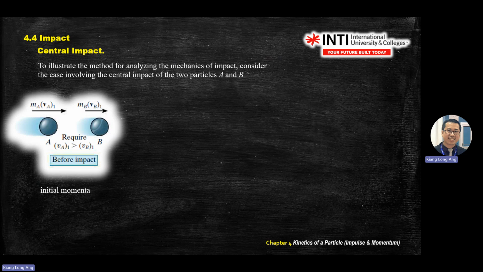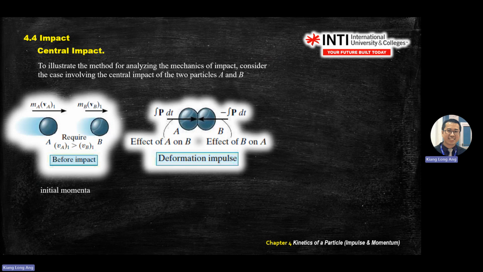When they meet together, both of them will squeeze each other. We call it deformation impulse. The shape will deform a little bit, and we assume this is an elastic scenario.